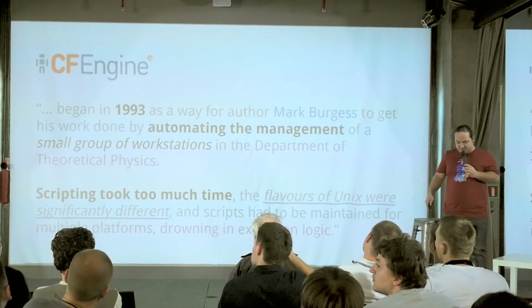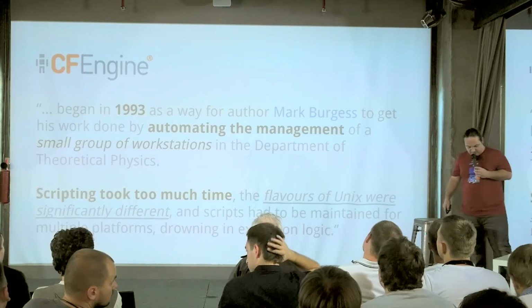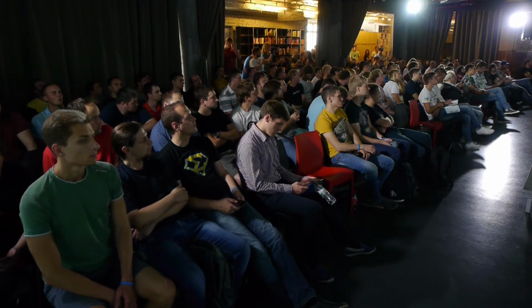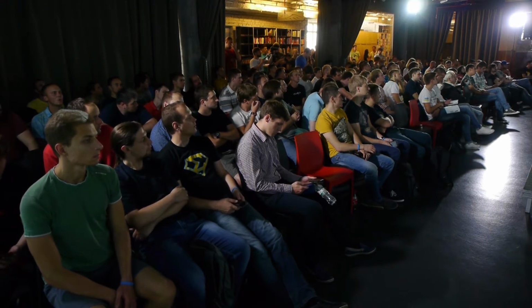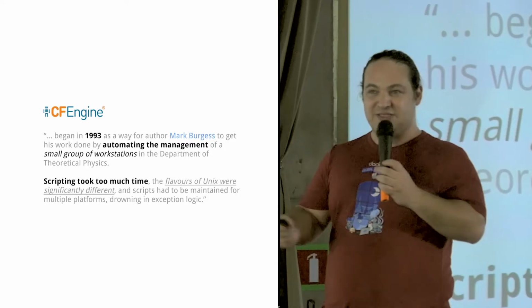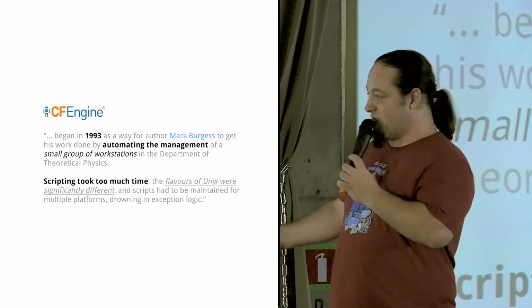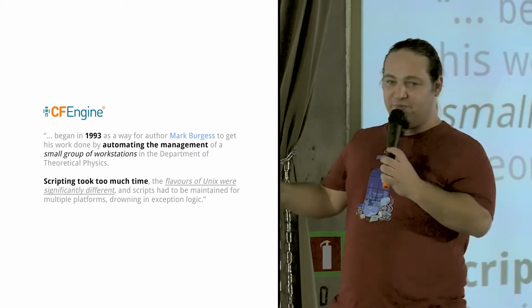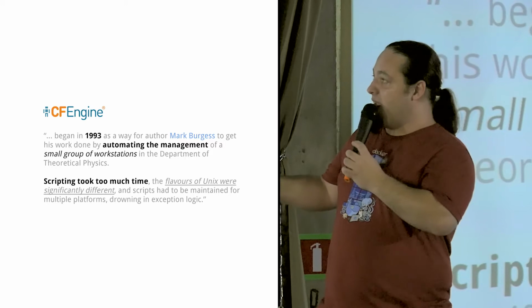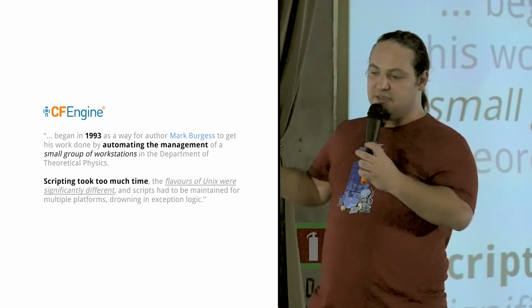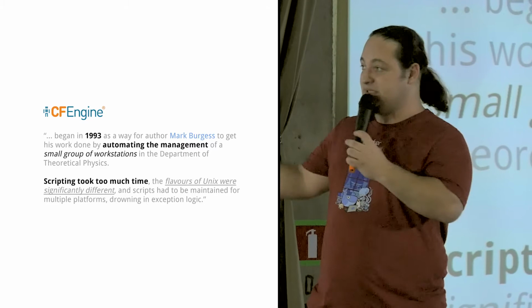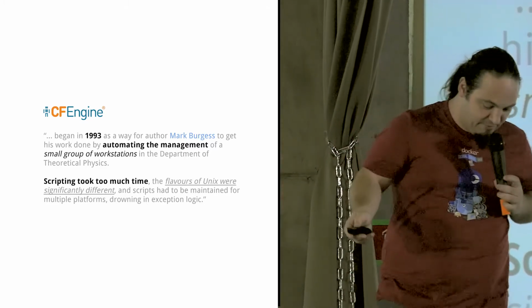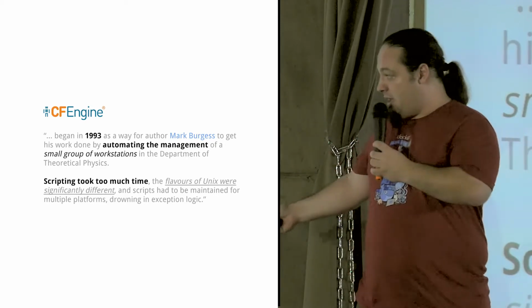So once upon a time, not so long ago, there was this guy called Mark who decided there are so many flavors of Unix, and to configure all these flavors of Unix is so different, and writing actual scripts to configure them is so hard, that he would create an engine. He wrote a couple of doctoral papers about it, that would allow me to use a domain-specific language called CFEngine at the time to define the configuration of the servers, and it would work the same across all operating systems.